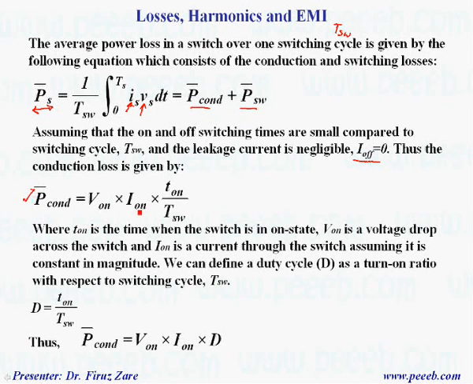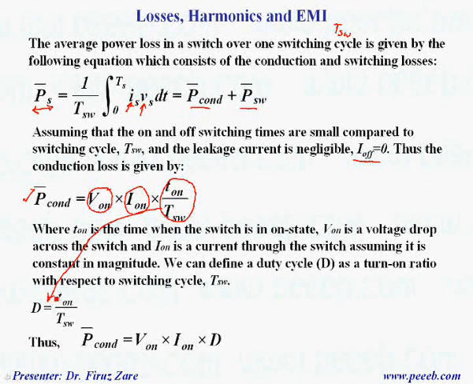So conduction loss is the voltage drop across the switch times the current through the switch. Suppose that over one switching cycle the current is constant, and times this ratio. This ratio is the turn-on time over the switching cycle, which is basically defined as the duty cycle.